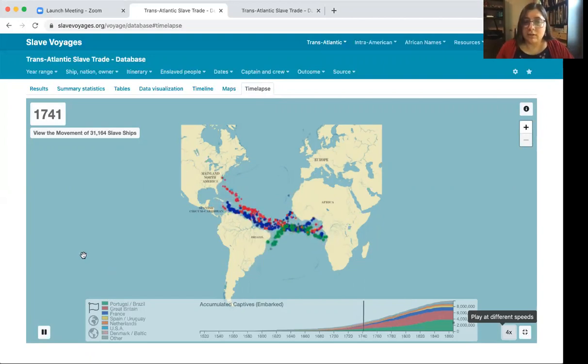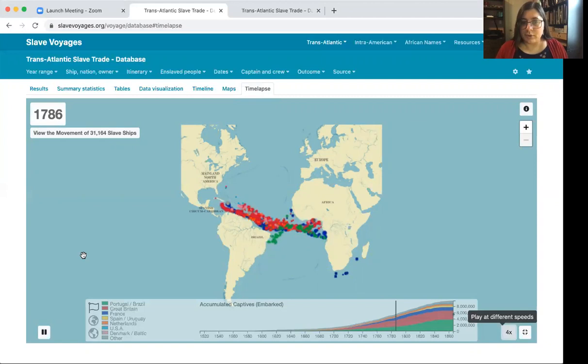So this is the middle of the 18th century. You can see that the number of ships has really increased from the 17th century. And as things happen in these various places, the nature of the trade will change a little bit. So we're coming up here on the French Revolution. You see all those dark blue dots going into Haiti.